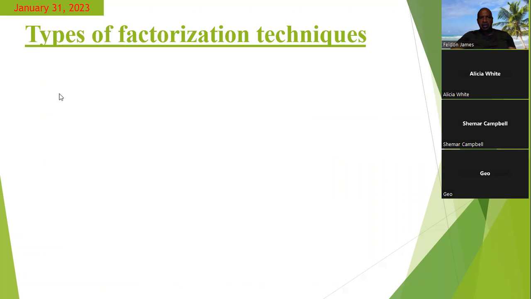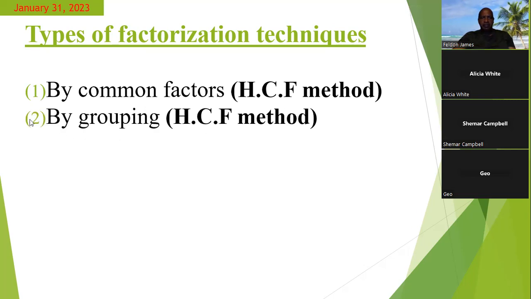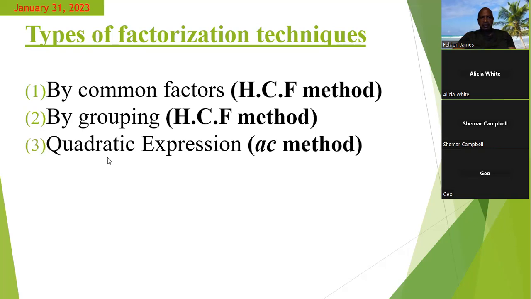So these are the different factorization techniques that we will be looking at throughout this topic. We have factorization by common factor, which is referred to as the HCF method. We have factorization by grouping, which also uses the HCF method.